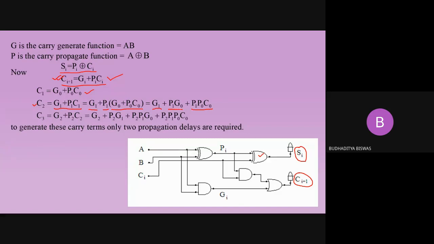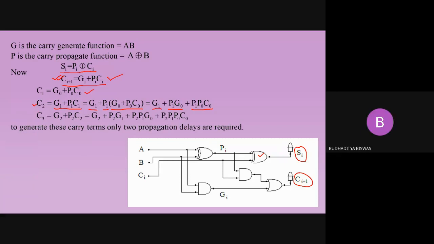Take your time and understand why the C2 becomes G1 plus P1 G0 plus P1 P0 C0. Very easy to understand. Just replace the value of C1 from the above expression in this particular term. Got it?